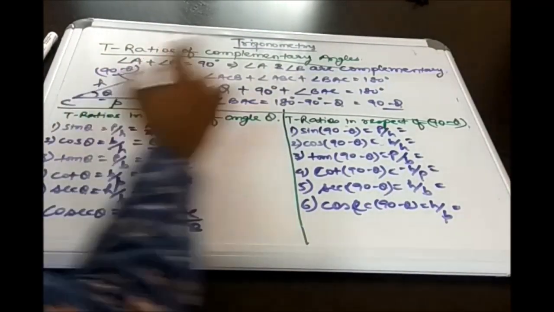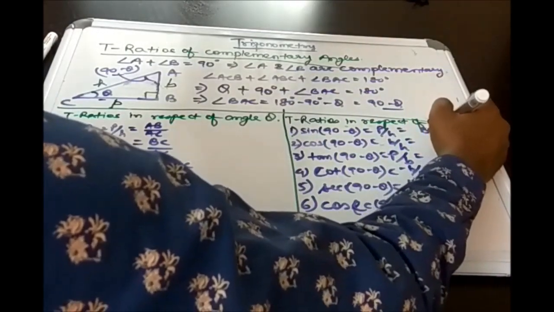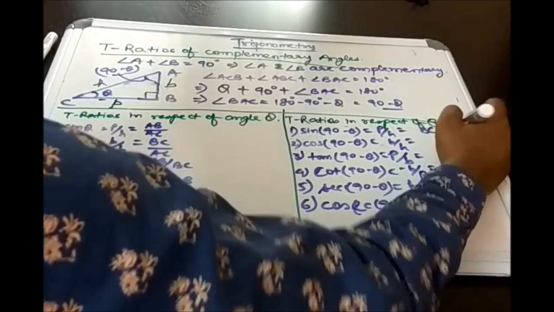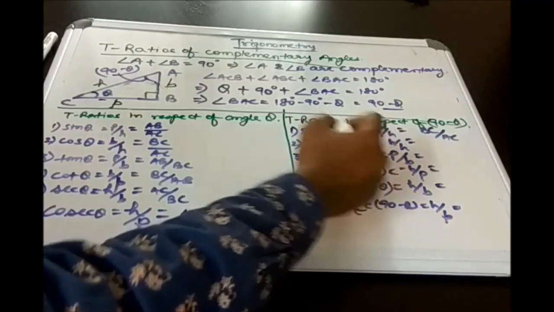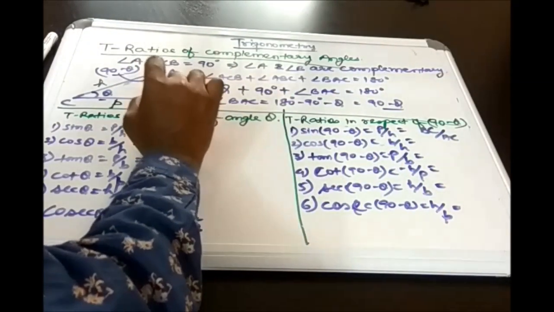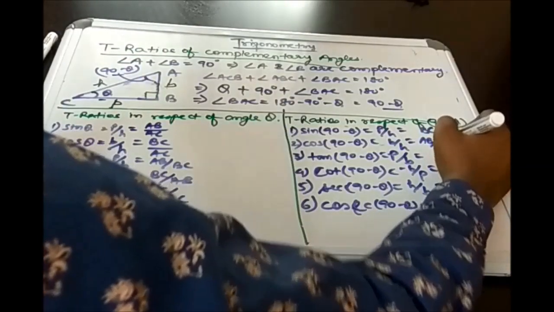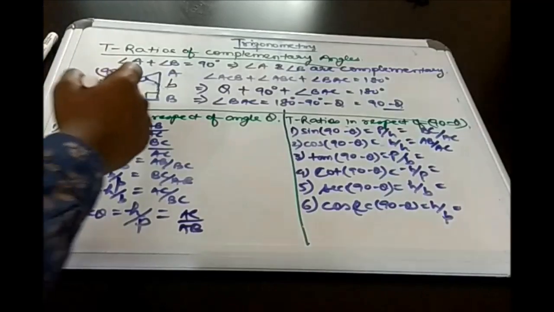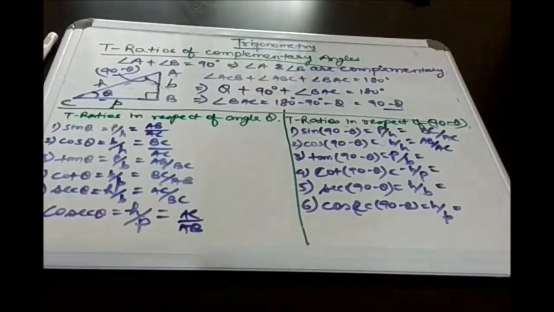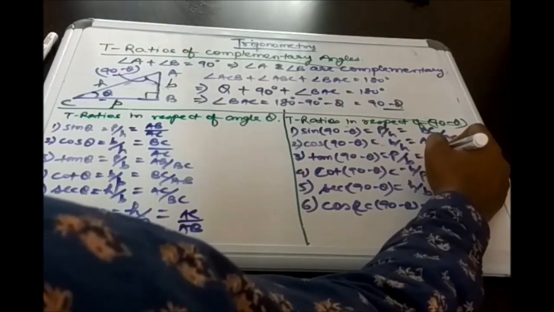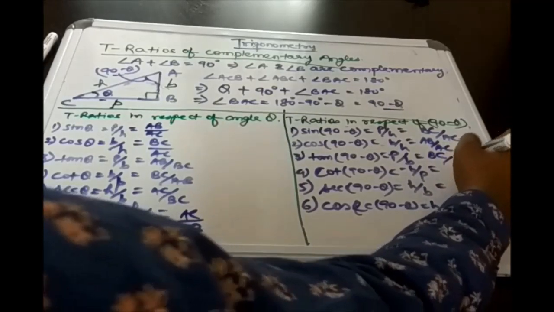Here p is BC, h is AC. Cos 90 minus theta is b by h. B is AB, AB by h, AC. Tan 90 minus theta is perpendicular by base. Perpendicular is BC. Base is AB.